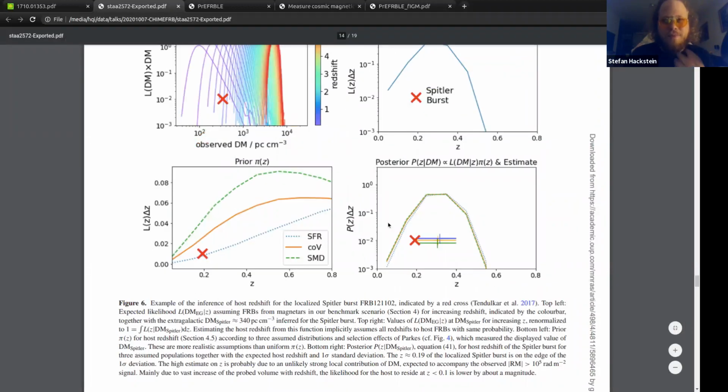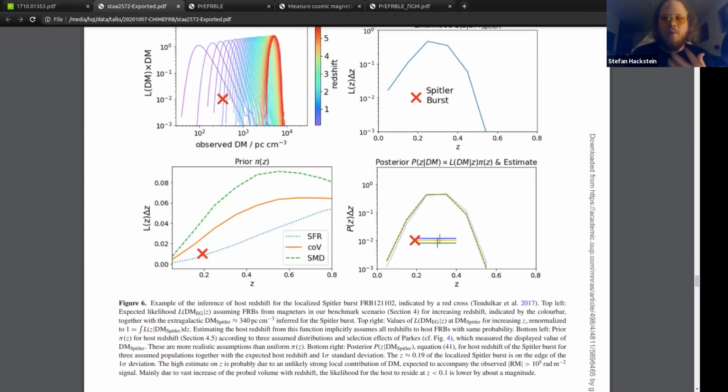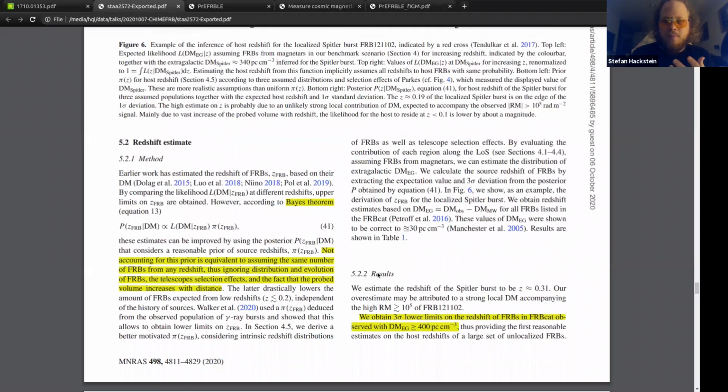And it is this fact, which is model independent, which allows us to derive lower limits on the redshift of fast radio bursts with a dispersion measure above 400 parsec per cubic centimeter. And these are 3 sigma lower limits. Of course, for an individual fast radio burst you can never be completely sure that this is not a very strong local contribution that can be of several thousand parsec per cubic centimeter, but this only happens with rather low probability.